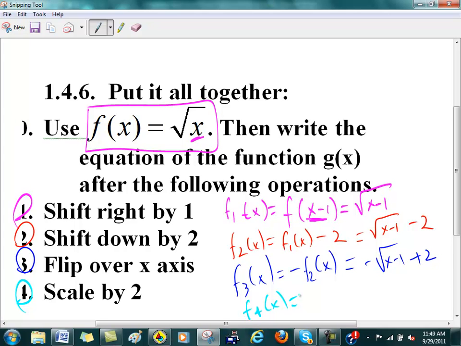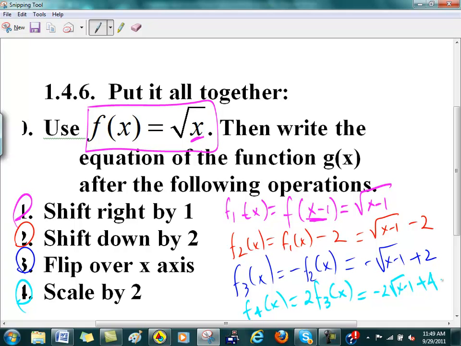I'm going to work on F3. What am I going to do to F3? Multiply by 2. So your first step should be that. Then you'll take the 2 and distribute it out. What do you get? Plus 4.